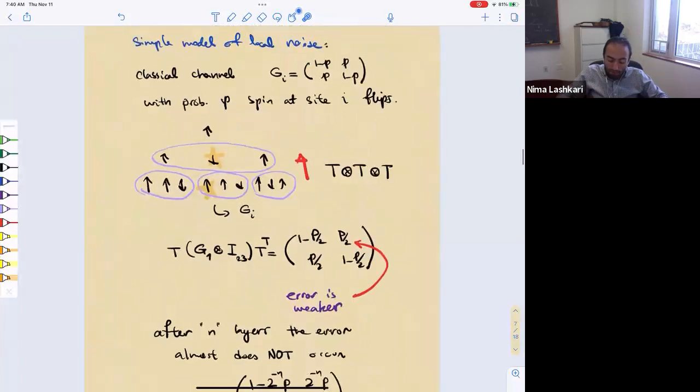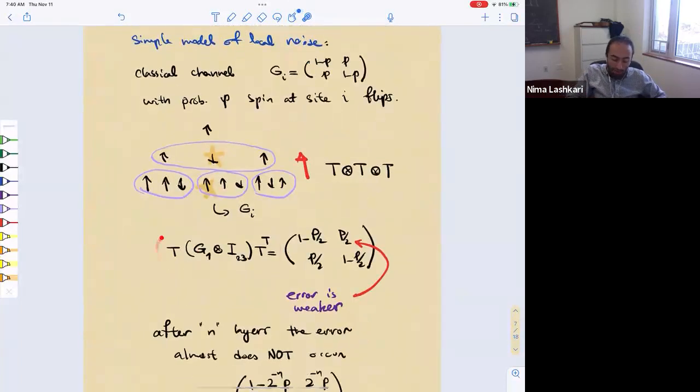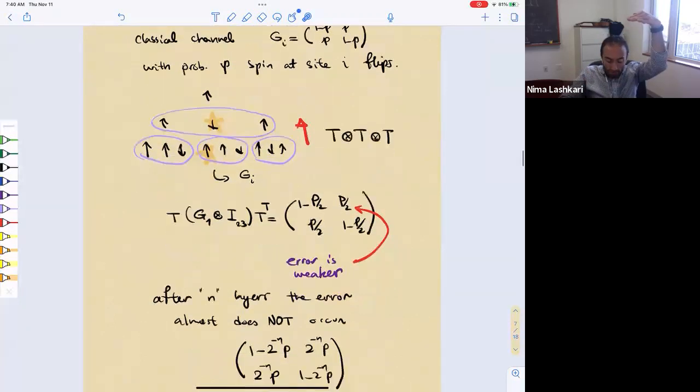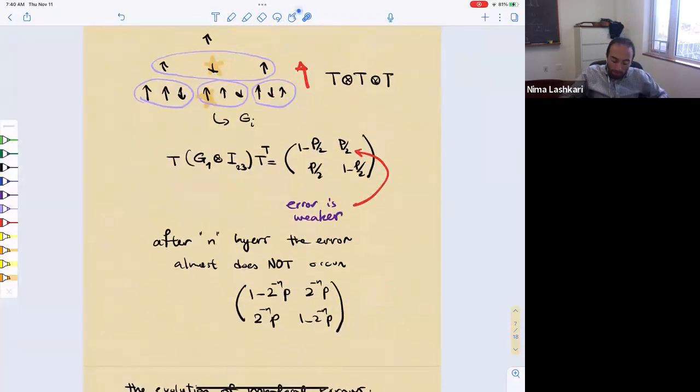But the important feature is that when you move this up, instead of the probability of error being p, all of a sudden it's p over 2. So the error has become weaker after one step. And indeed, as you repeat this, the error every step becomes weaker and weaker. After many steps, it's actually exponentially weaker. So some perturbation that you threw in here under RG is just becoming weaker and weaker.